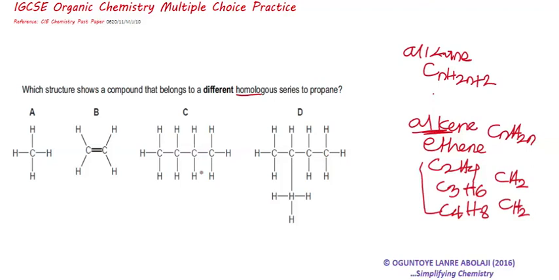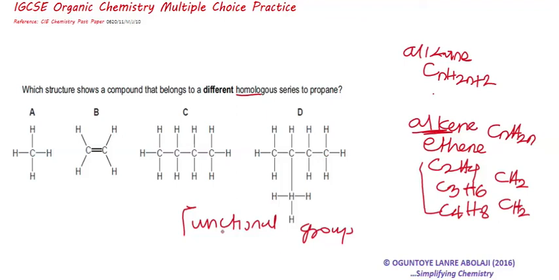Now back to our question. For a specific homologous series, another thing I need to say is that each member in a particular series has an identifier, and that identifier is their functional group. The functional group is the part of a molecule that determines largely its chemical property.